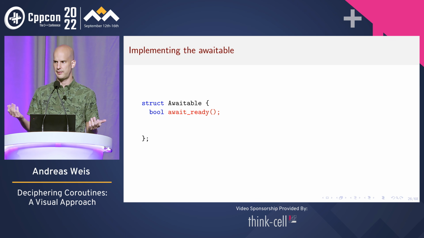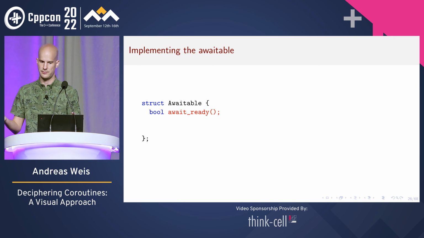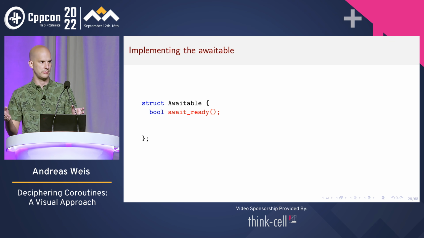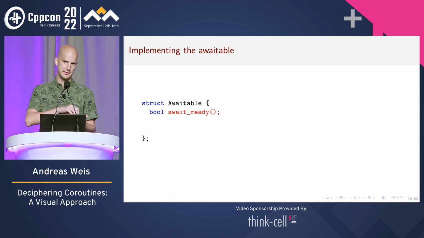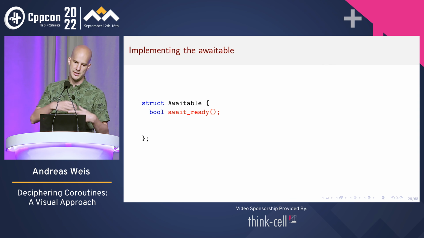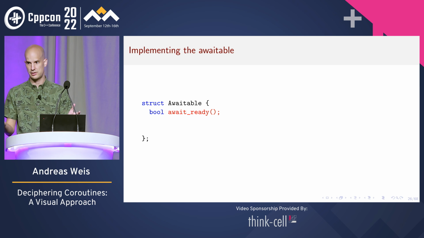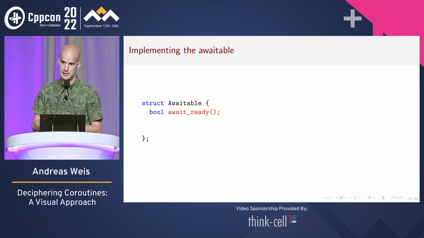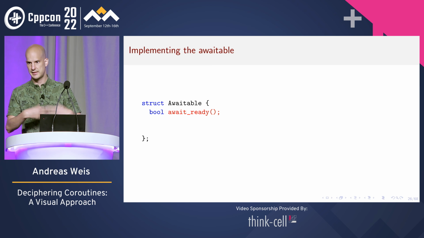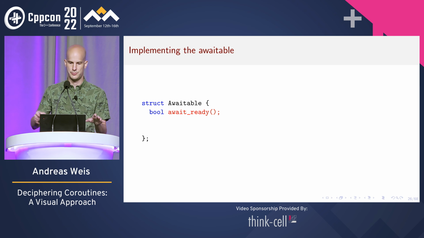For example, if you think about a function that waits for some asynchronously computed result, it might be that at the time that we get to the co-await, the result is already there. So we don't need to go into suspension, we can just continue executing. In that case, we would just return true here and say, yeah, we're ready, we don't need to sleep, just go on.